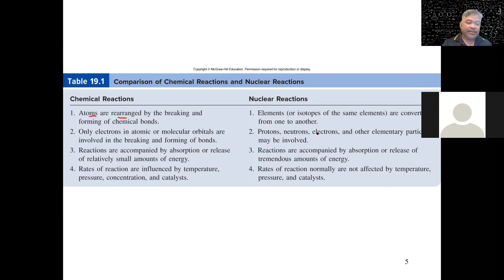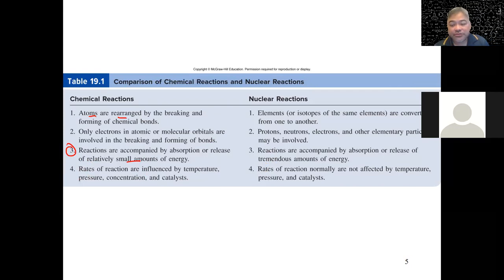And then this is, I think, another difference, and this is what makes nuclear reactions very popular. A chemical reaction will just release or absorb a small relative amount of energy. But a nuclear reaction can absorb or release a tremendous amount of energy.